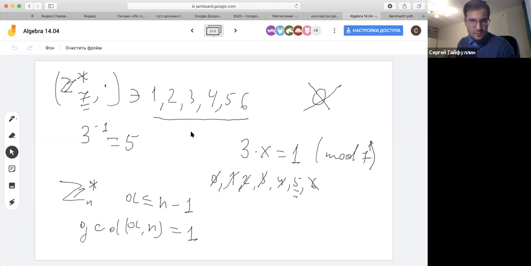In that star 13, is there an easy way to find the order of 11? Okay, let us solve this problem.